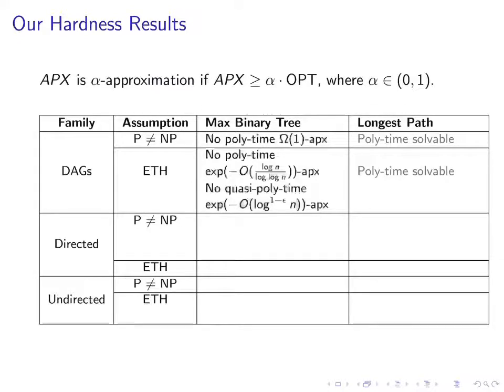And assuming ETH, we show that there is no polynomial time sub-polynomial approximation. And there is no quasi-polynomial time approximation for another sub-polynomial function, where the function is slightly better than the one above.